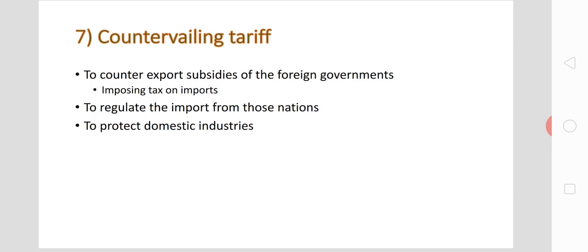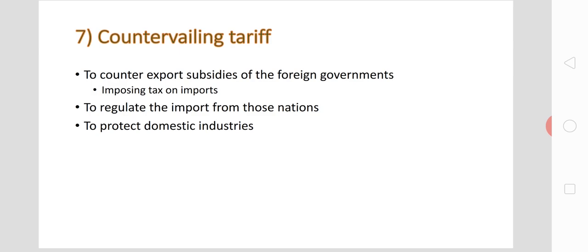So those domestic companies can export commodities to the tariff-imposing nation. When those companies export commodities, our government will impose this kind of tariff to counter the export subsidy, or the benefits or concessions given by the foreign governments to their domestic companies.